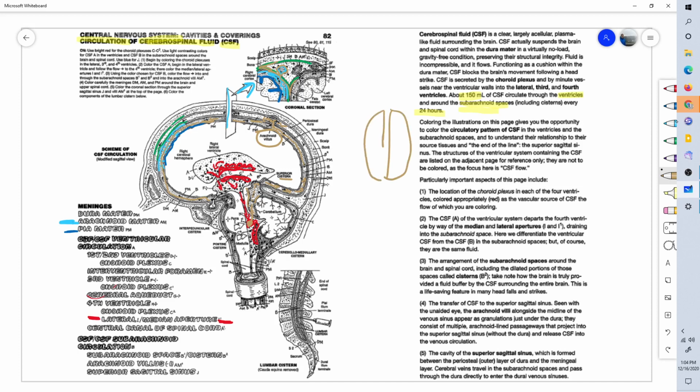The falx cerebri, talking about this space, runs all the way along the brain. So there's this sort of invaginated space running all along the middle of the brain. So here is that space right here, that invagination.